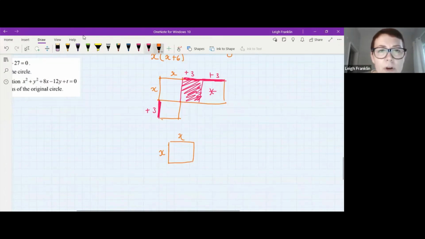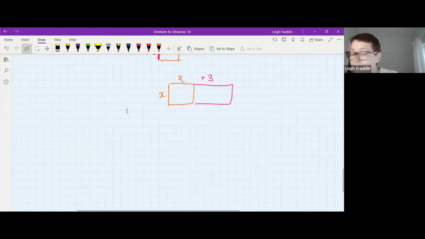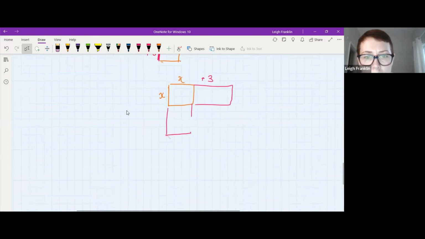Attached to that, I've got a pink bit that's 3 units long. And down here, I've got a pink bit that's also 3 units long.